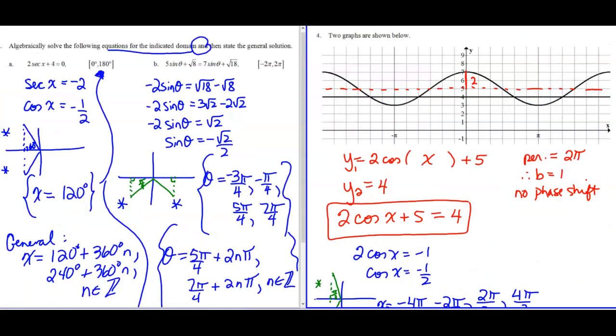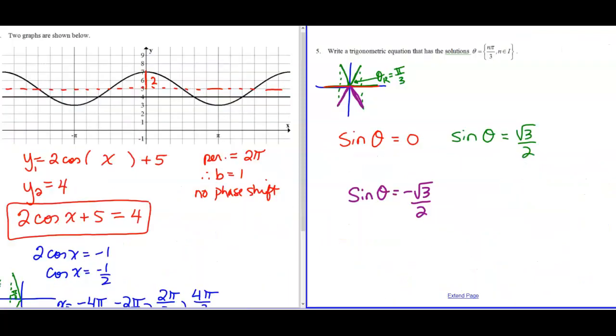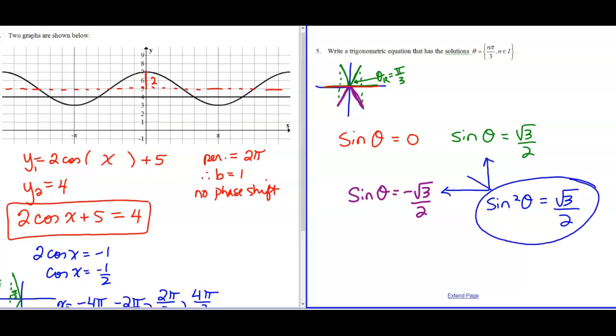Okay, so we could show this part. So these two. So now we've got that and this.